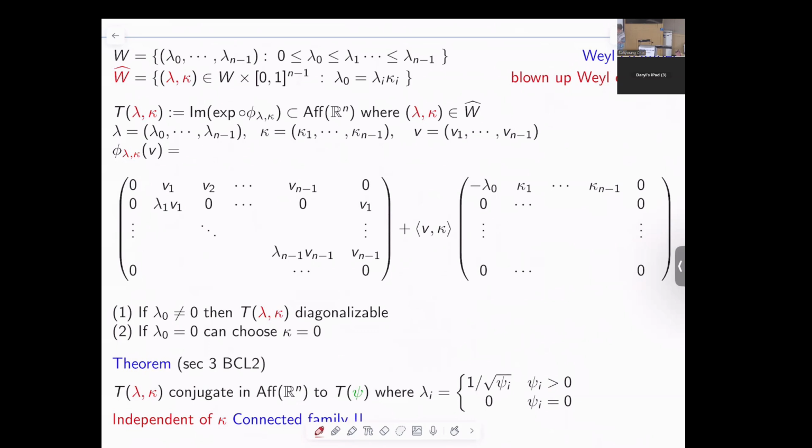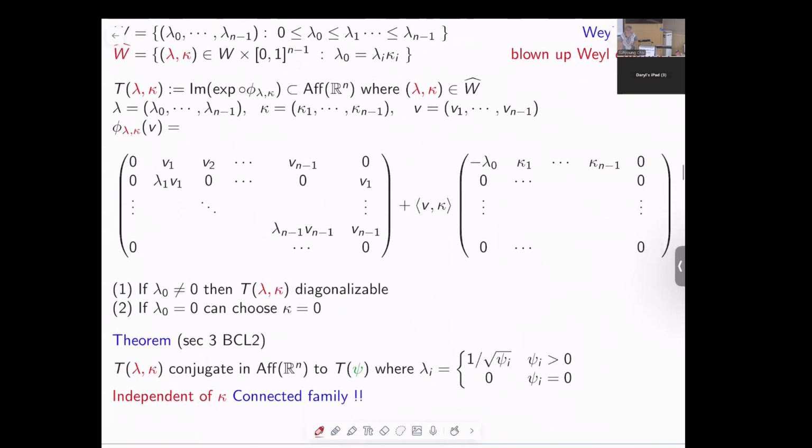Which one doesn't depend on kappa, it only depends on lambda. And the relationship between lambda and psi is given by this.